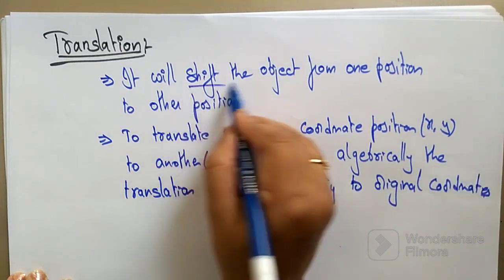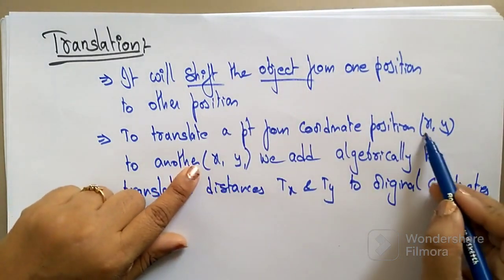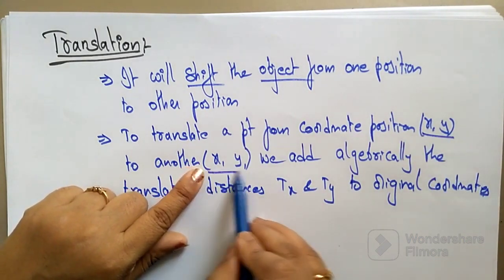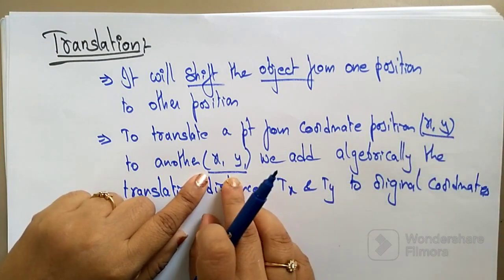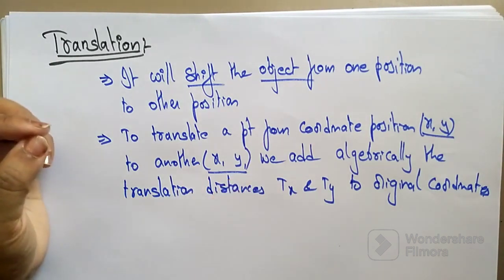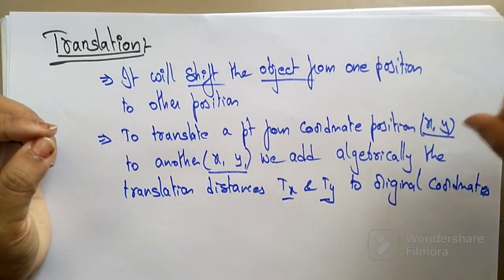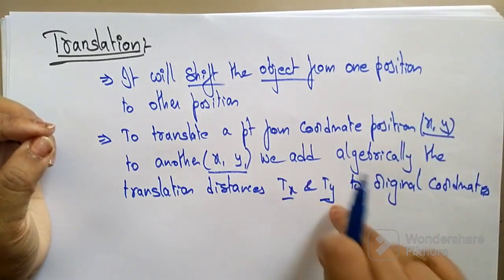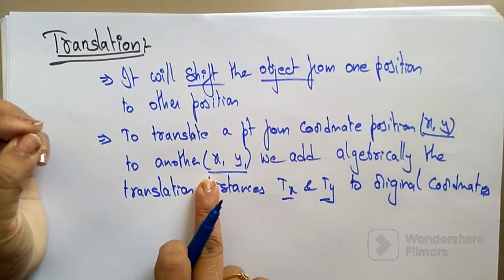Translation is nothing but shifting the object from one position to another. Let's take one position as x, y and another position as x1, y1. I want to change the x, y object to x1, y1. How can I change it? I simply add the translation distances tx and ty to the original coordinates. Whenever I add tx, ty to the original coordinates, I get a translated image.